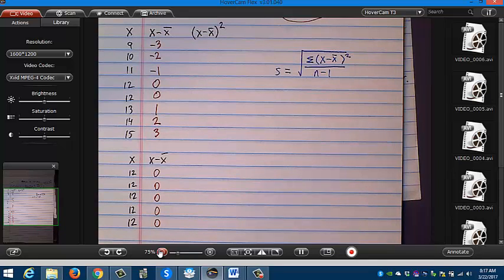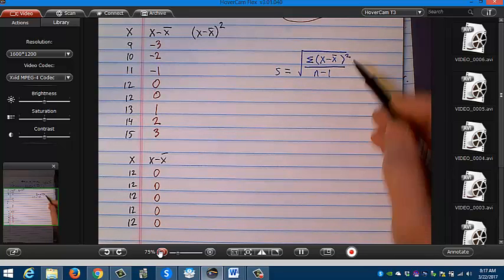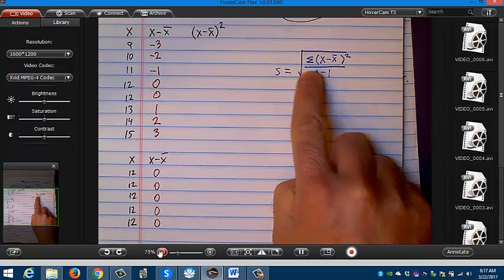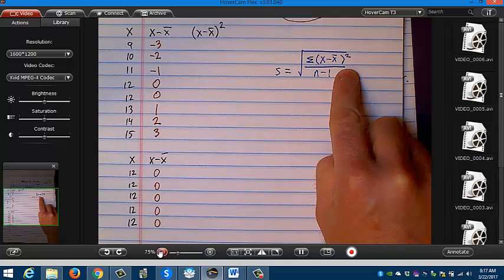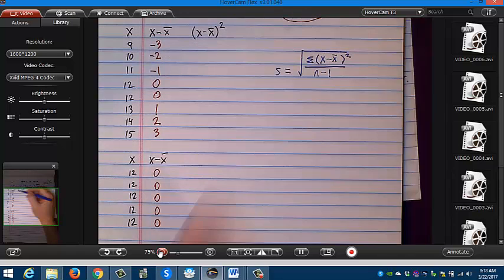And so what we do is we square all the differences. Why? Because when you square a negative number, what happens to it? It becomes positive. And so what we add is not just x minus x bar, we add the x minus x bar squared. Let's see how this works. When I square each of these, let's see what I get.